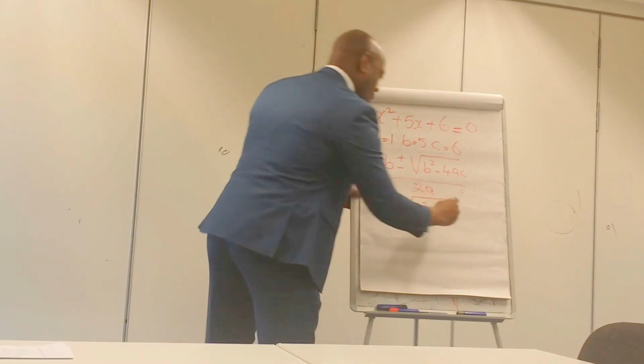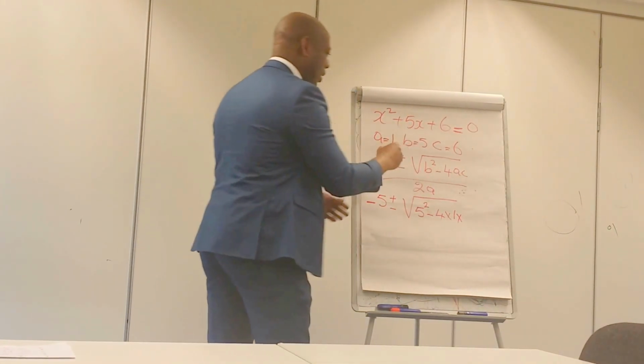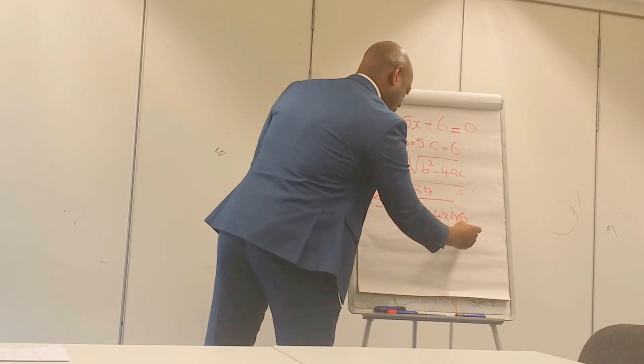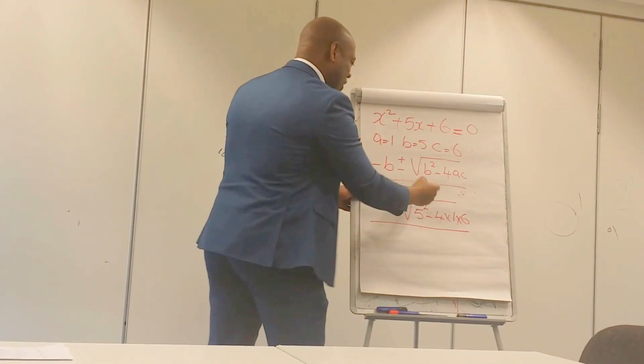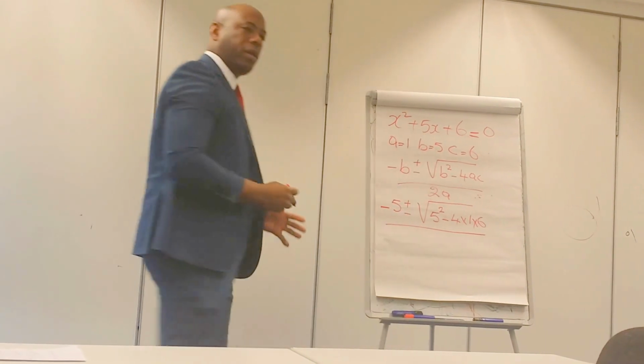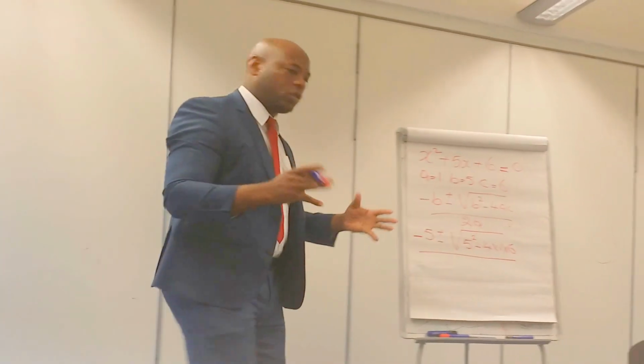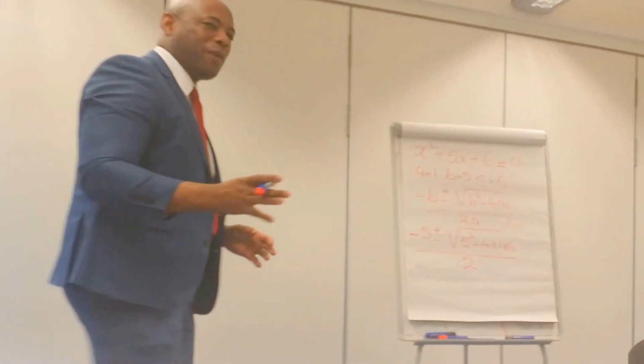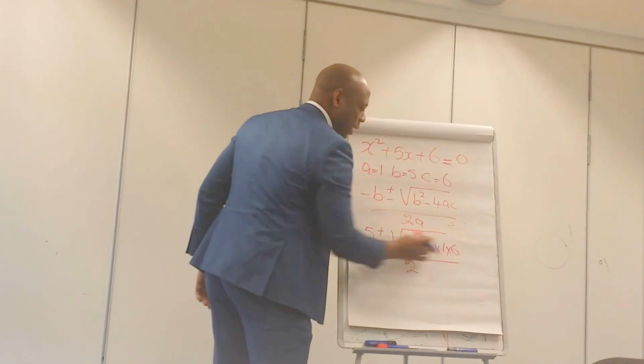A is 1, times C. What is C? 6. Very good. And this is all divided by 2A, which is 2 times 1, which is 2. Fantastic. Absolutely brilliant.